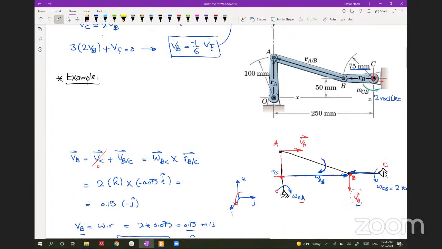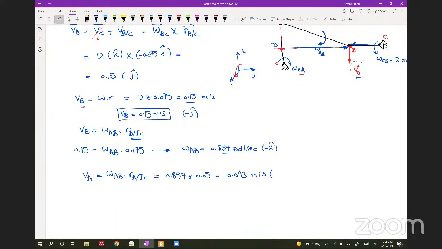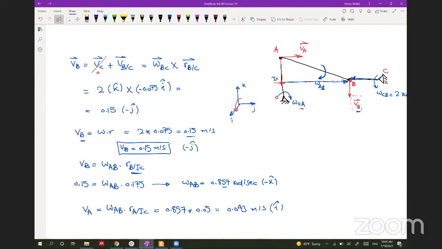This is 50 millimeter, so this will be multiplied by 0.05. And this should be equal to 0.043 meter per second, and this will be in the positive I hat direction. Okay, so we got VA from this member, AB.